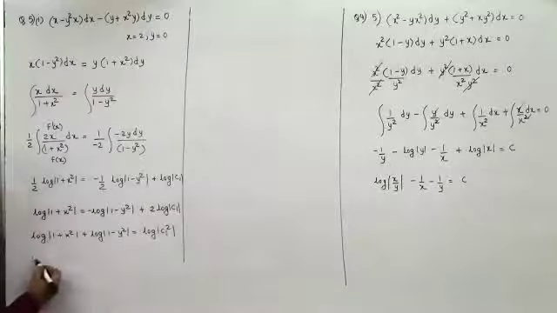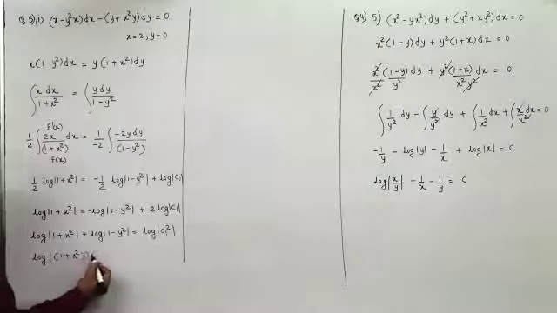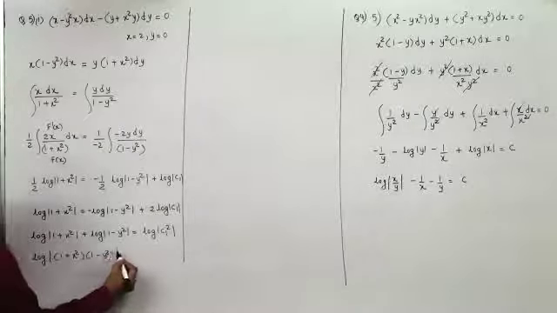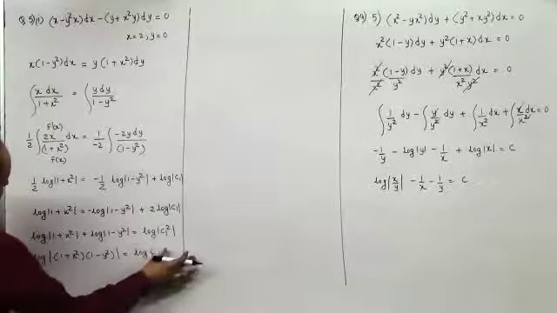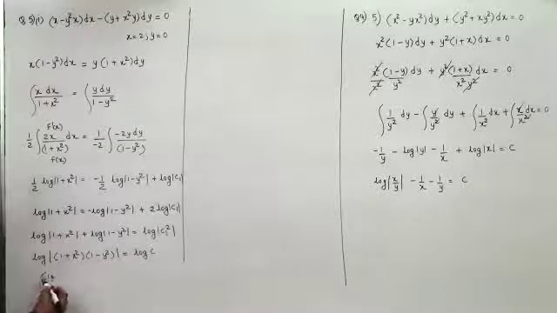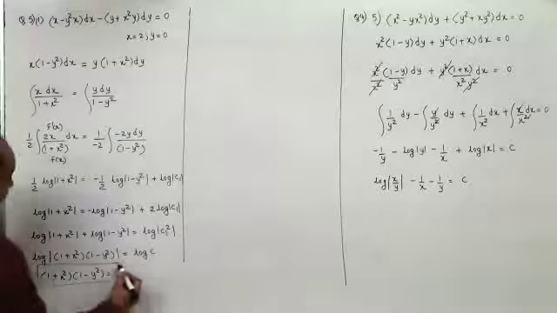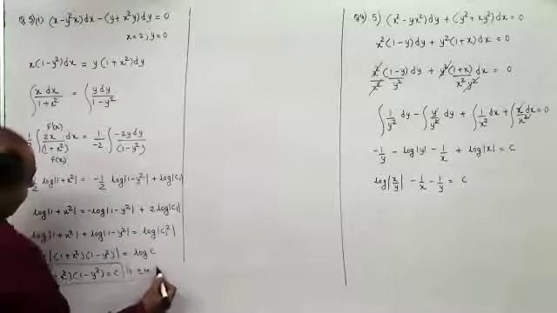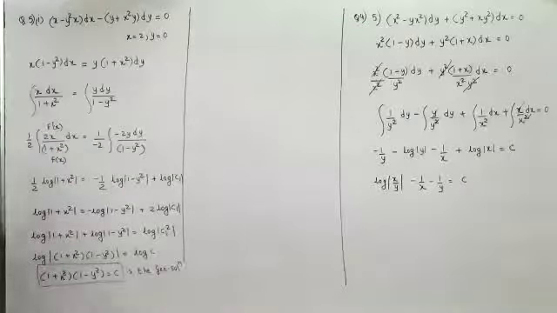Now this would be log of 1 plus x square into 1 minus y square is equal to log of c square or log of c. So I'll get here 1 plus x square into 1 minus y square equal to constant. This is the general solution.